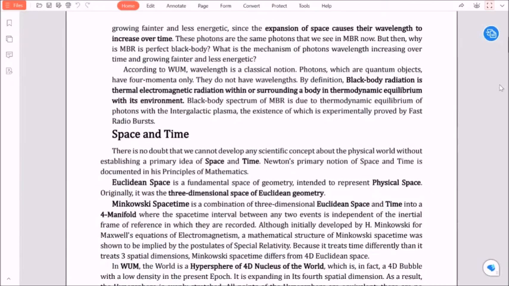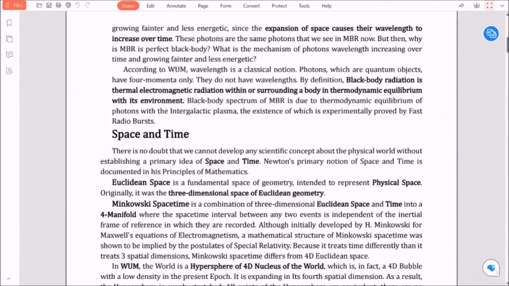By definition, black body radiation is thermal electromagnetic radiation within or surrounding a body in thermodynamic equilibrium with its environment. The black body spectrum of MBR is due to thermodynamic equilibrium of photons with the intergalactic plasma, the existence of which is experimentally proved by fast radio bursts.